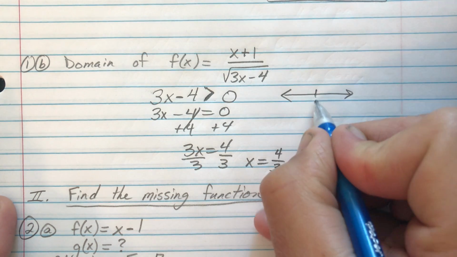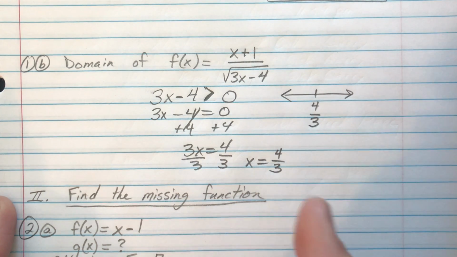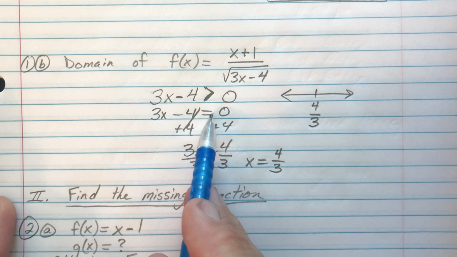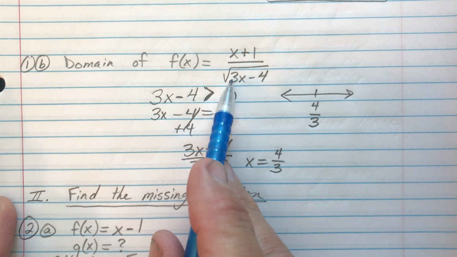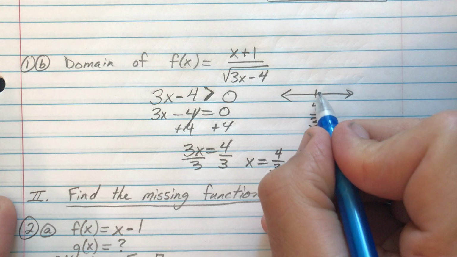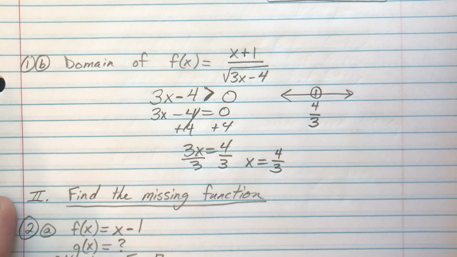So I'm going to put 4/3 on this number line. Again, 4/3 is important to us. 4/3 is where 3x minus 4 equals 0. And because 3x minus 4 under the radical is in the denominator, this is a bad value. So we're going to put an open circle there.